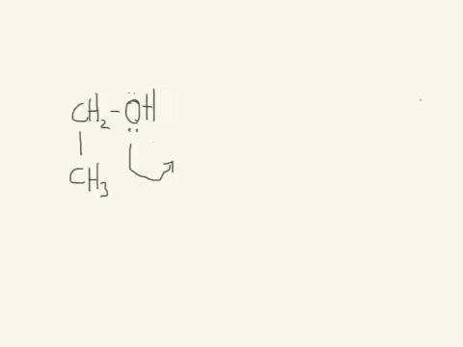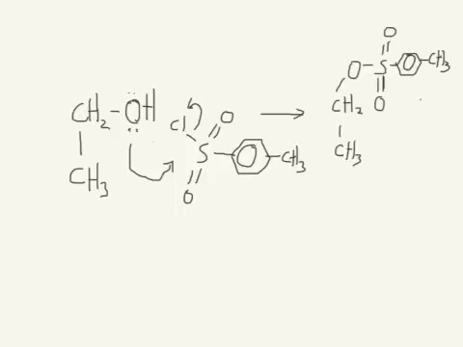Okay, let's look at one more way to activate the alcohol. This beast is called para-toluene sulfonyl chloride. And when it activates an alcohol, it really activates the alcohol. This gargantuan beast is a very good leaving group. This right here.